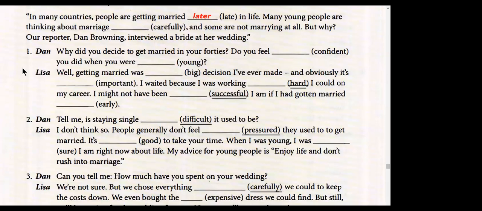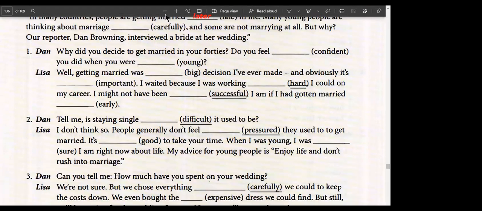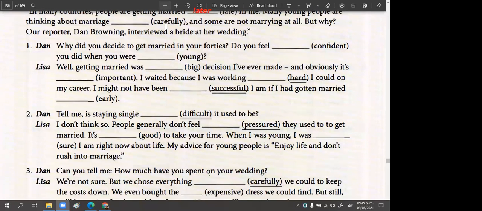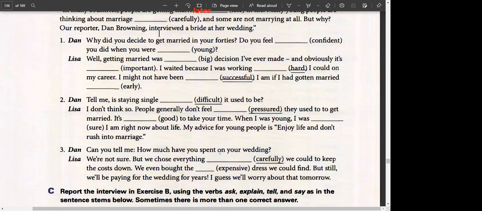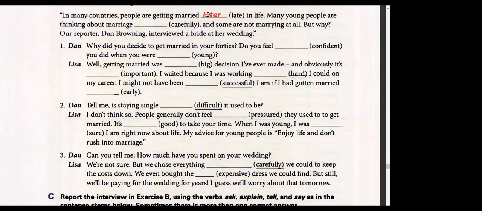Okay. Can you tell me how much you have spent on your wedding? We are not sure, but we chose everything as carefully as we could to keep the cost down.